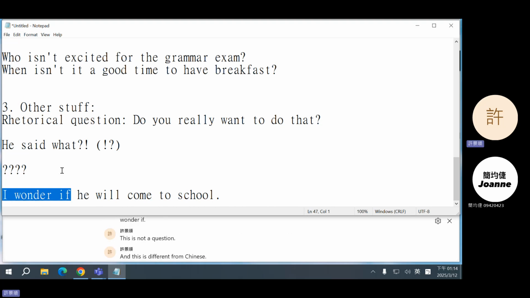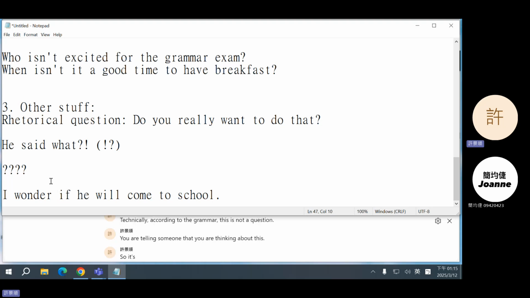In Chinese, this sentence is 我在想他会不会来学校. And in Chinese, we would end it with a question mark. But in English, technically, according to the grammar, this is not a question. You are telling someone that you are thinking about this. So you're describing what you think. It's not a question.